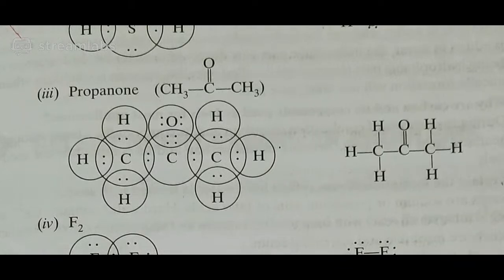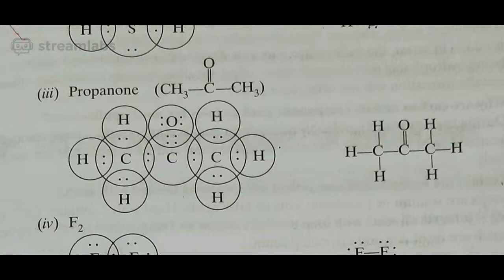Next, propanone. Propanone means ketone group, CH3COCH3. CH3, it is so easy. Each carbon shares 1 electron with the hydrogen, both the sides methyl group.